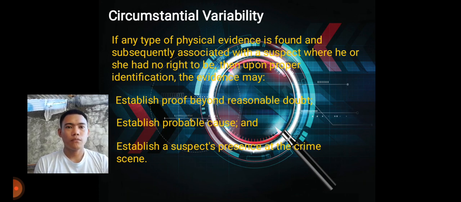Circumstantial variability. If any type of physical evidence is found and subsequently associated with the suspect where he or she had no right to be, then upon proper identification, the evidence may establish proof beyond reasonable doubt, and establish the suspect's presence at the crime scene.